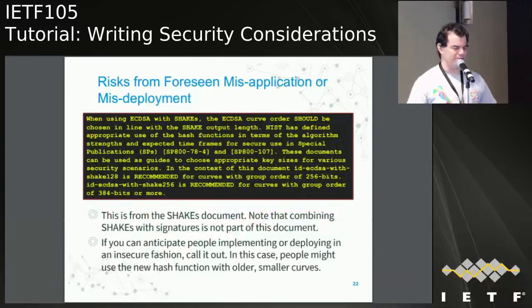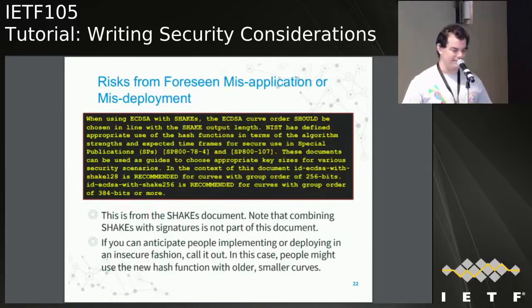These documents can be used as guides to choose the appropriate key size. In this case, we recommend that you use ID ECDSA with Shake 128 with a curve of order 256 bits, and ID ECDSA with Shake 256. These are both algorithms that are defined in the document. Is recommended for curves with groups order 384 bits or more.